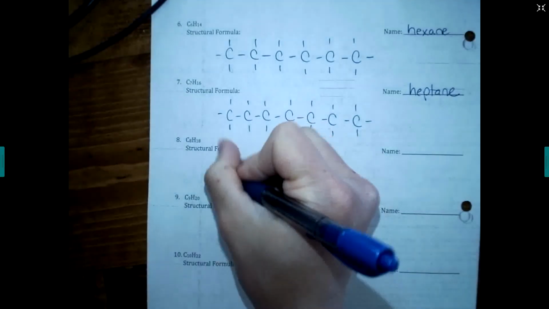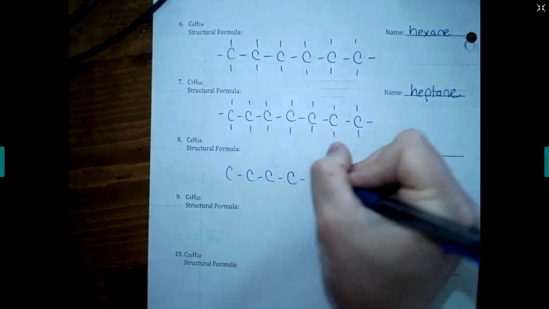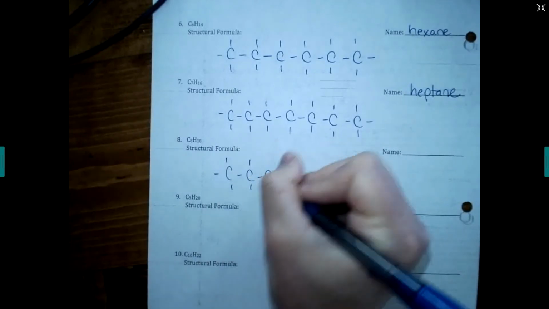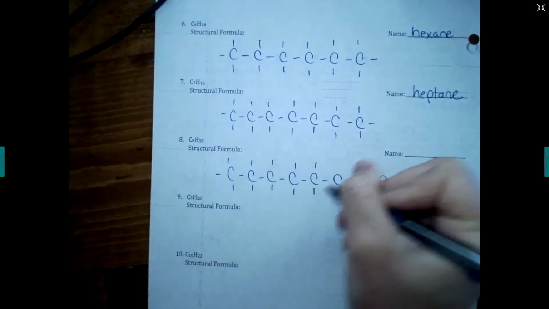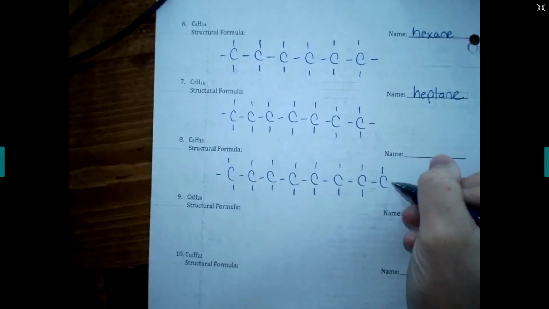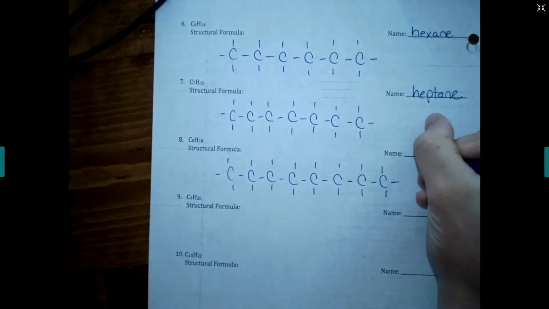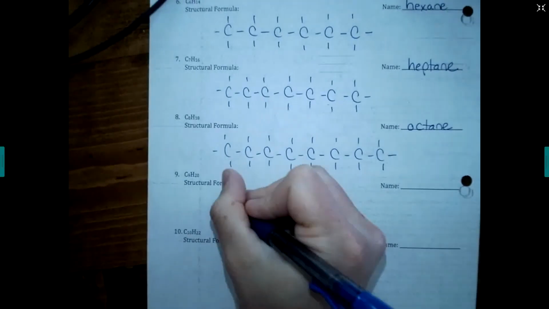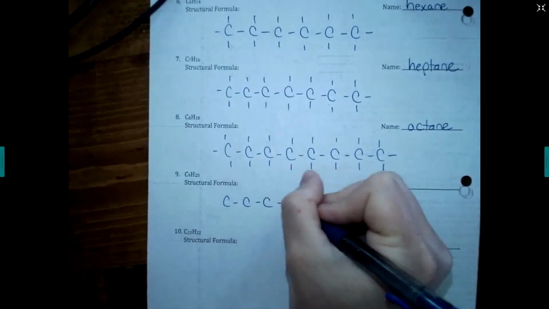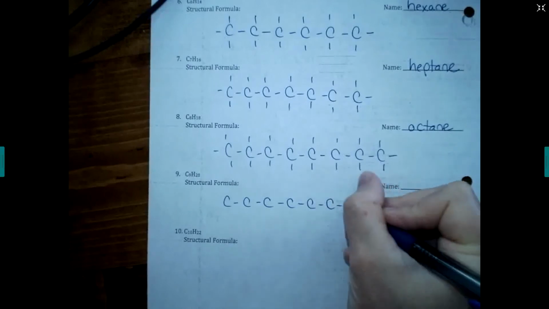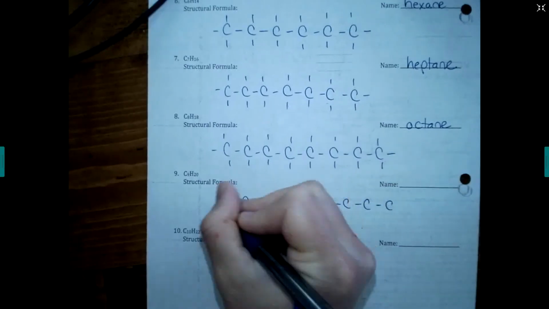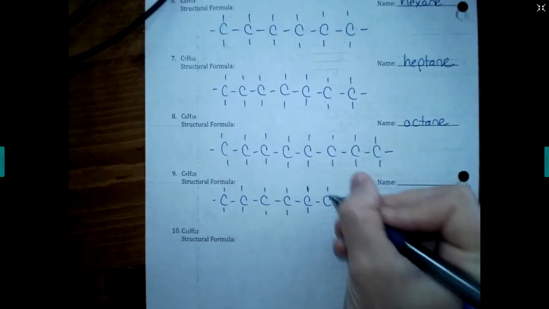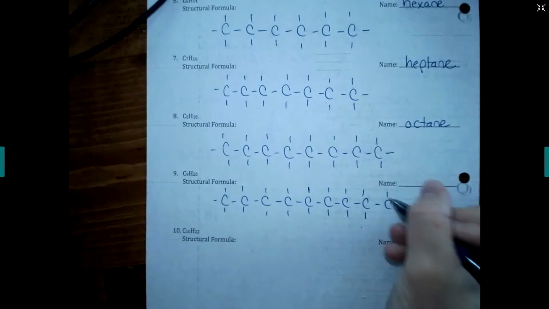Number 8. That's 18 hydrogens. So this is octane. Number 9. That's 20 hydrogens.